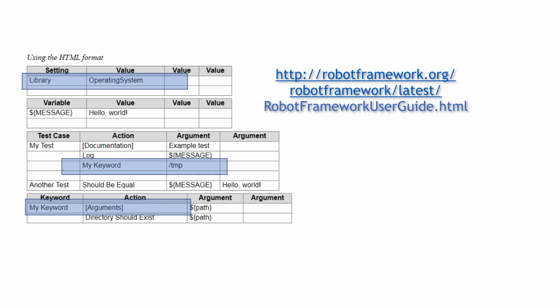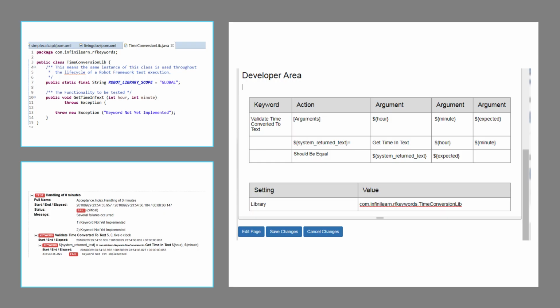So now we are going to evolve our keywords and the system. Moving ahead, in our specification itself, we added this developer area where we have a keyword validate time converted to text, which is actually calling a keyword get time in text that is coming from the Java library.